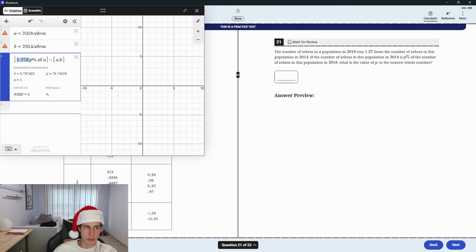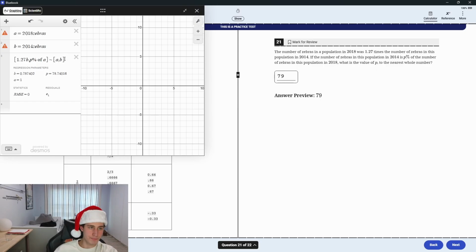So you start with 1.27 times the population in 2014 is equal to A, and then you say P% of A is equal to B, and P is 78.74. So what is the value of P to the nearest whole number? That is just 79, because 78.74 rounds up to 79.